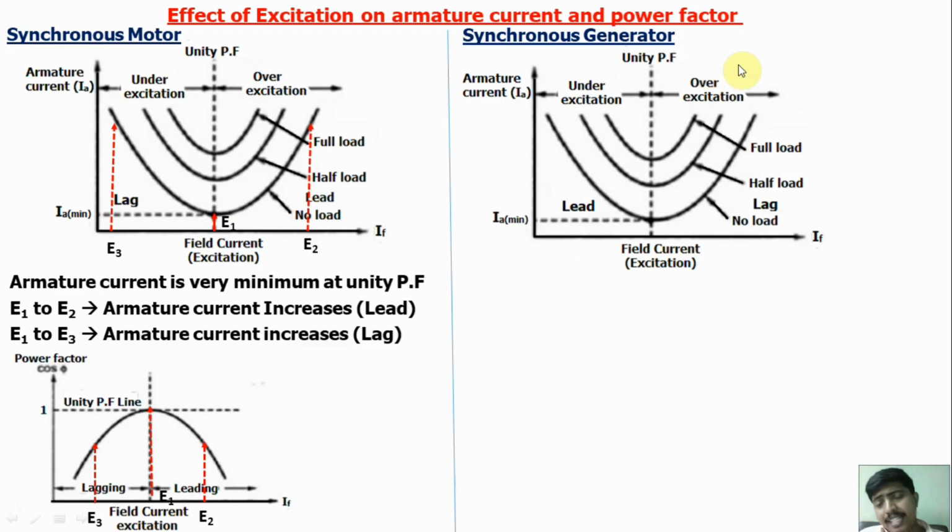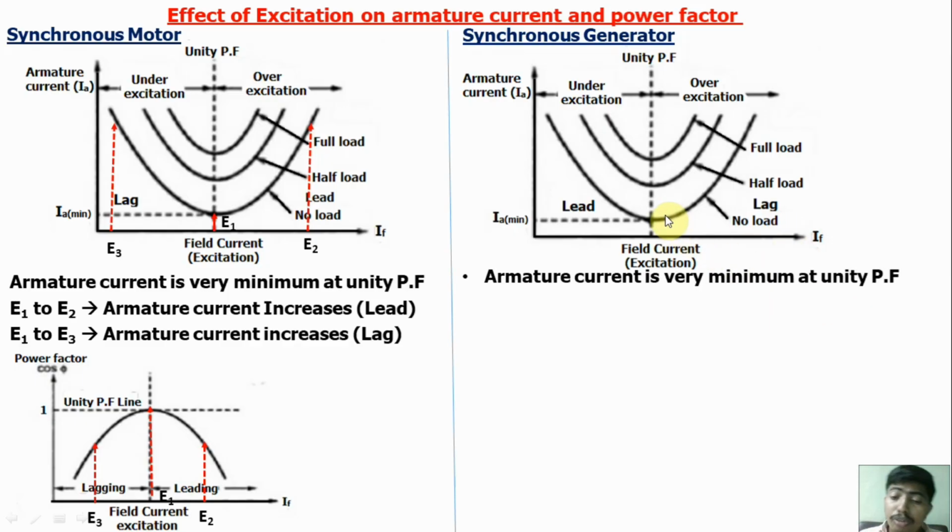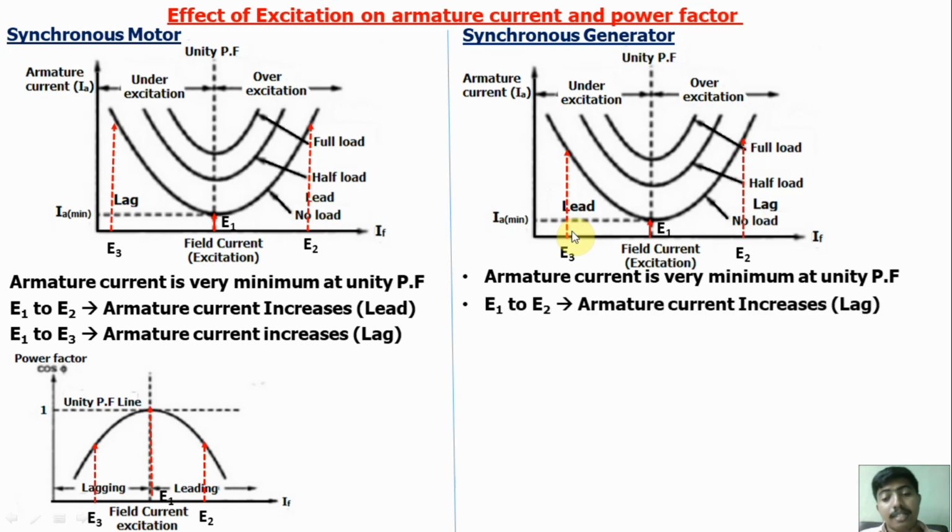Under over excitation conditions, the synchronous generator will act as a synchronous motor, which consumes real and reactive power, so it will operate in lagging power factor. The armature current will be very minimum at unity power factor. When the excitation increases from E1 to E2, the armature current increases, or if the excitation decreases from E1 to E3, the armature current also increases.